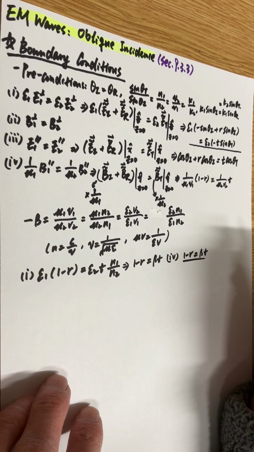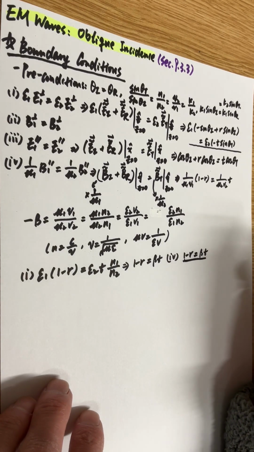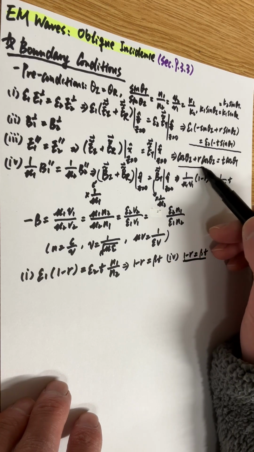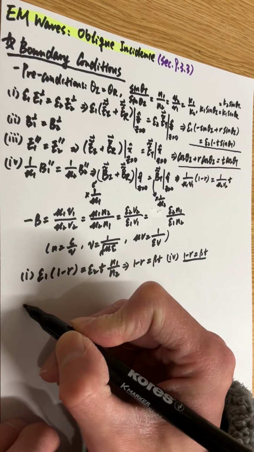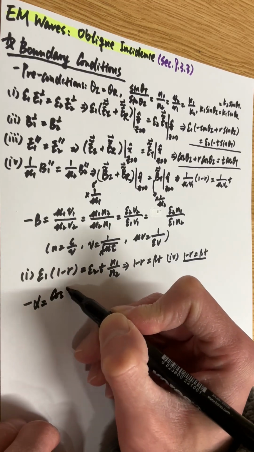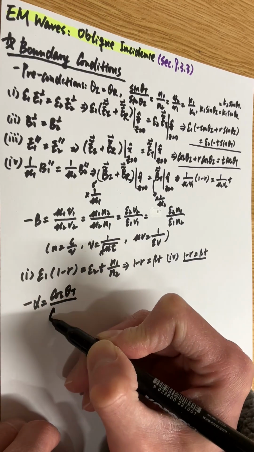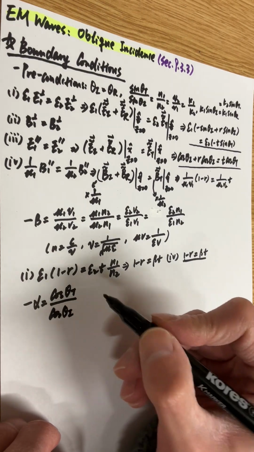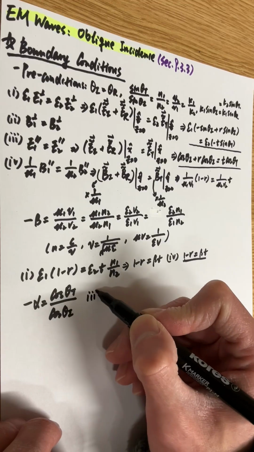So this is a very neat relationship between r and t. Another one we are going to use is this one. Let's define another parameter, alpha, equal to cosine theta t divided by cosine theta I. So I have the third boundary condition.